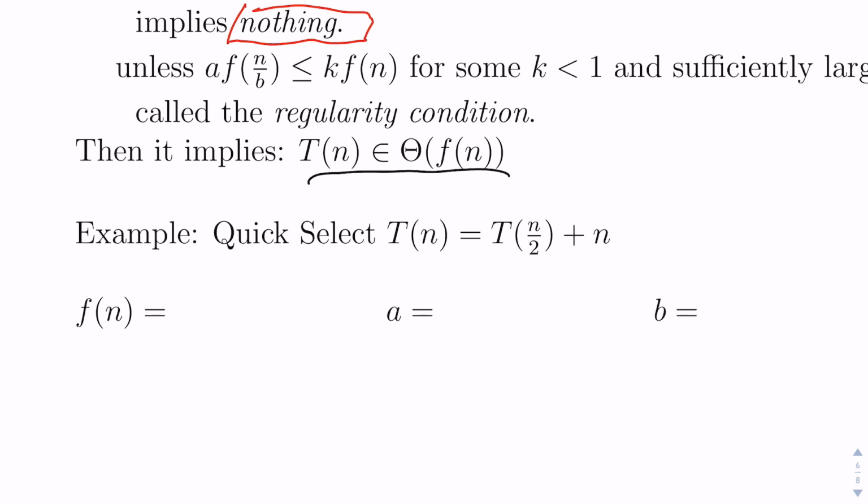But all 3 cases are mutually exclusive. So if you just write down f of n and n to the log base b of a, you should be able to quickly see whether this is greater than, less than, or equal to n to the log base b of a. And that should guide pretty clearly which case you're going to want to pick. Any other questions about case 3 and the regularity condition? Last case? Okay, cool.